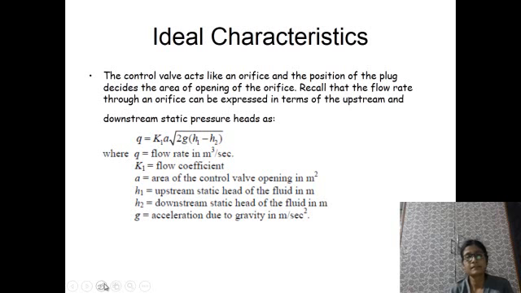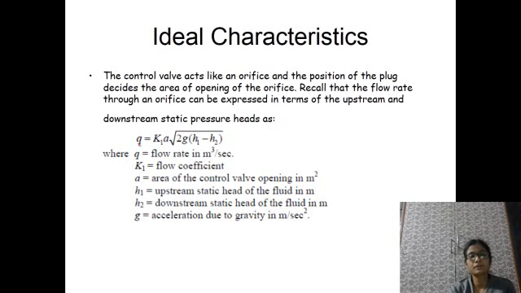So first is inherent characteristics or ideal characteristics, which is obtained from Bernoulli's principle, where the control valve acts like an orifice, and the position of the plug decides the area of opening of the orifice. So the flow rate through an orifice can be expressed in terms of the pressure difference of upstream and downstream.